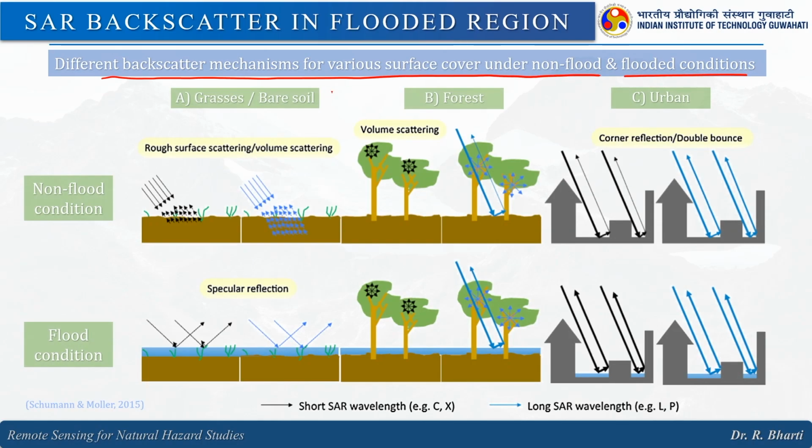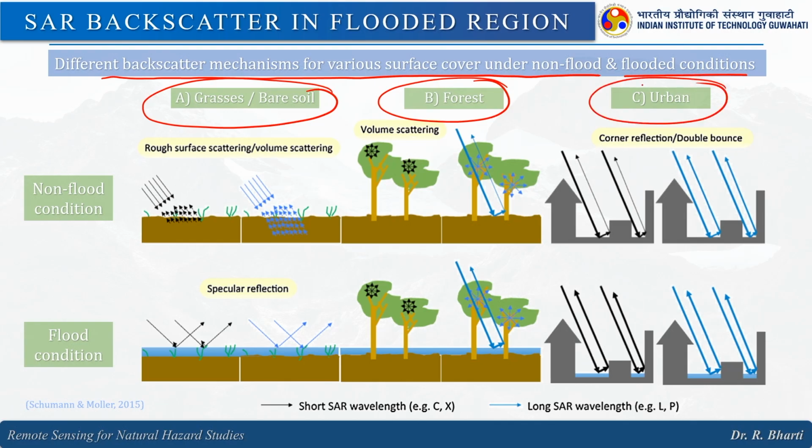Here you can see the first condition when you have bare soil and grasses, then the next one when you have forest, and the C here is the urban. So, this is the non-flooded condition. Here you can see the water is not saturated, normal soil moisture will be present and the surface is visible in urban areas also, right. In the forest also it is visible.